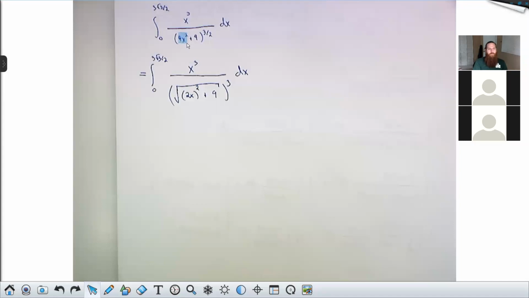Four x squared is the same as 2x all squared. And the 3/2 power is the same as the 1/2 power cubed, which is the square root cubed.